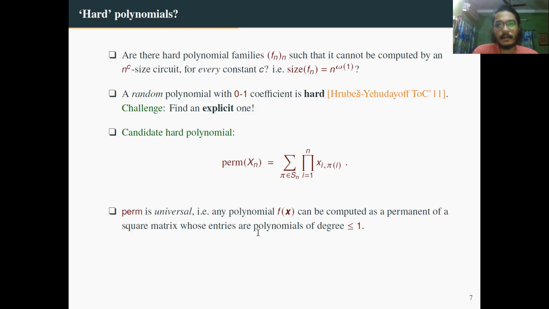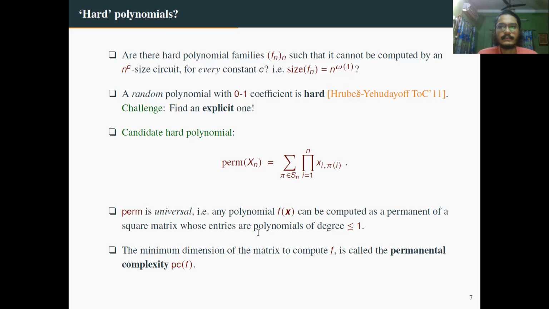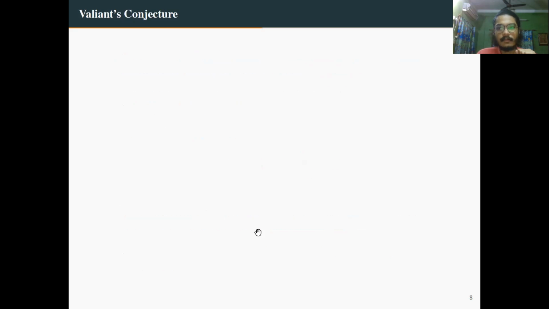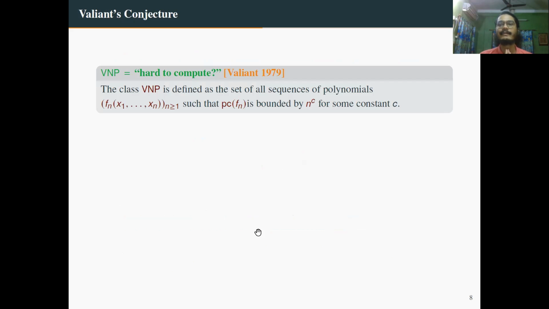Now, similarly to the determinant, the permanent is also universal. That means any polynomial f can be written as a linear projection of the permanent. And since this is universal, you can define the minimum dimension of the matrix computing a polynomial f, and that is permanent complexity. So once we have defined permanent complexity, we can define a class called VNP. And what is VNP? Like VP or VVP, we can define VNP as all the sequences of polynomials with polynomially bounded permanent complexity.